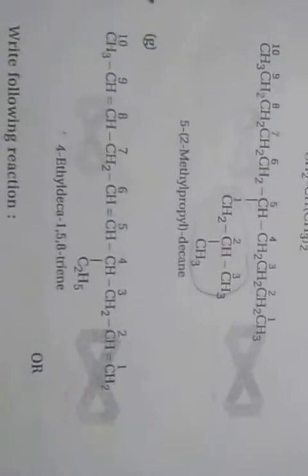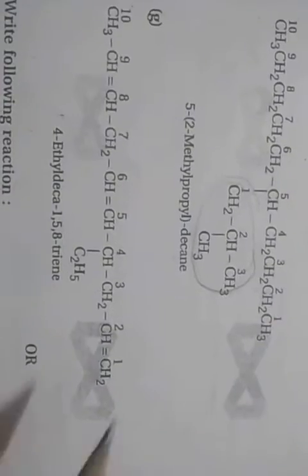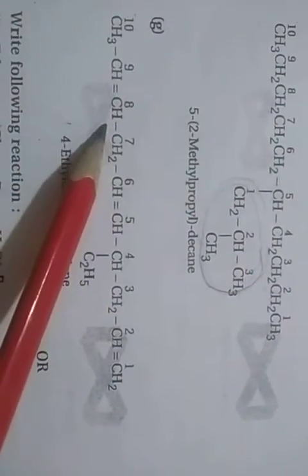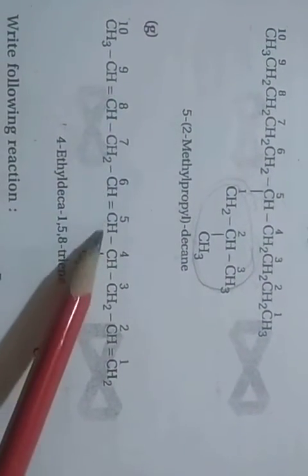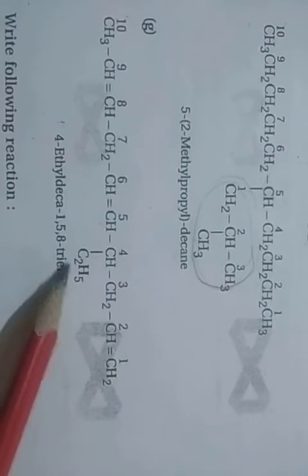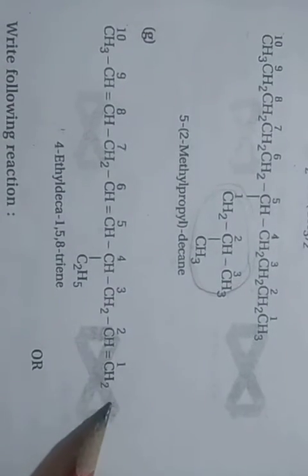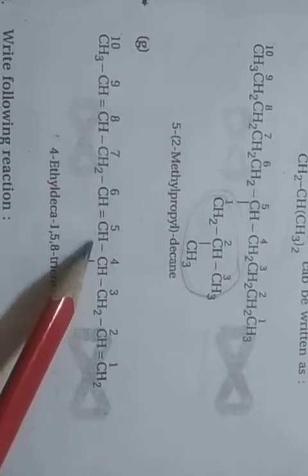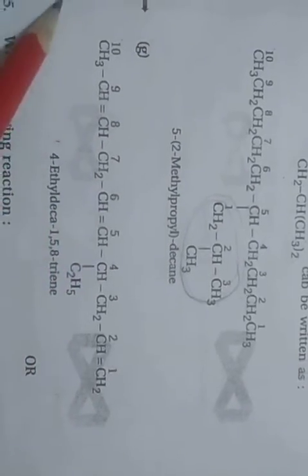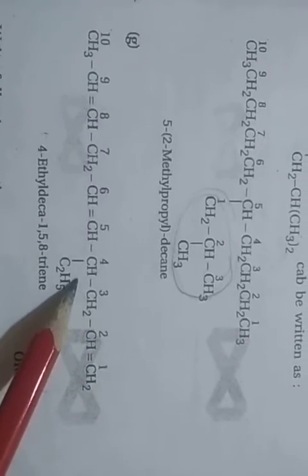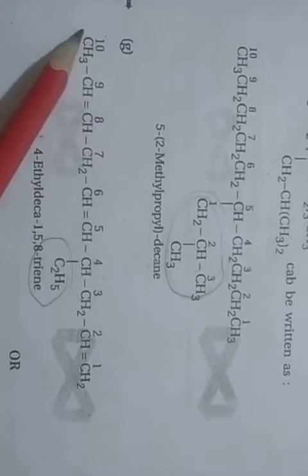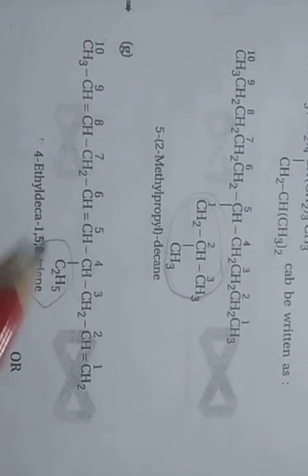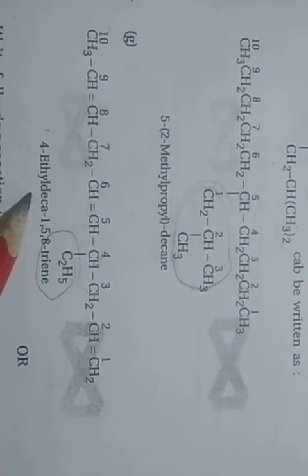Then next example, CH3 CH double bond CH, CH2 CH double bond CH, CH2H5, CH2 CH double bond CH2. First we select the longest chain. 1, 2, 3, 4, 5, 6, 7, 8, 9, 10. Fourth number ethyl group. So 4-ethyl, total carbon 10, so deca.